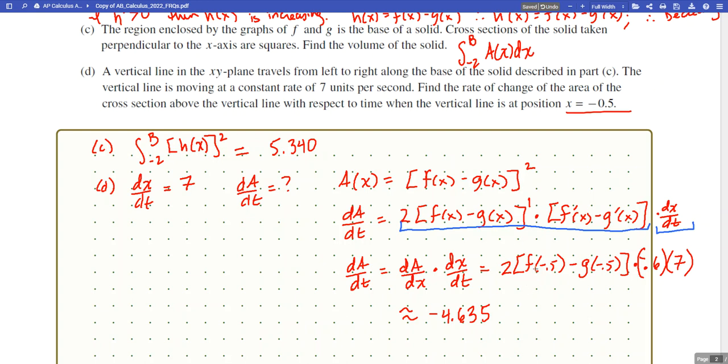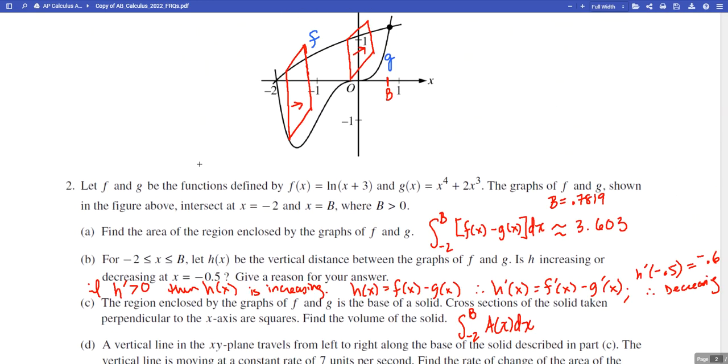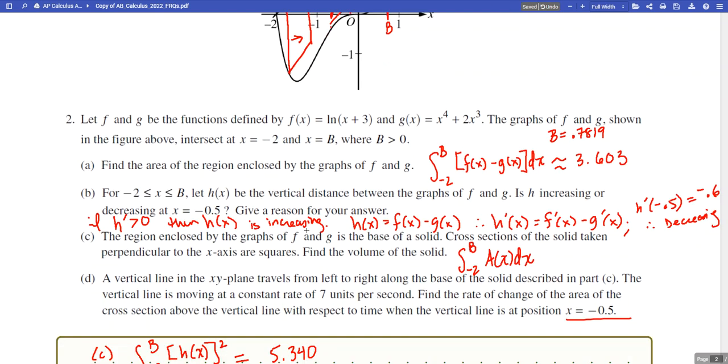So this would be our rate of change of the area with respect to time. At negative 0.5, which would be somewhere over here, it does seem like that distance is getting smaller. And if that distance is getting smaller, then of course the area is going to be decreasing.